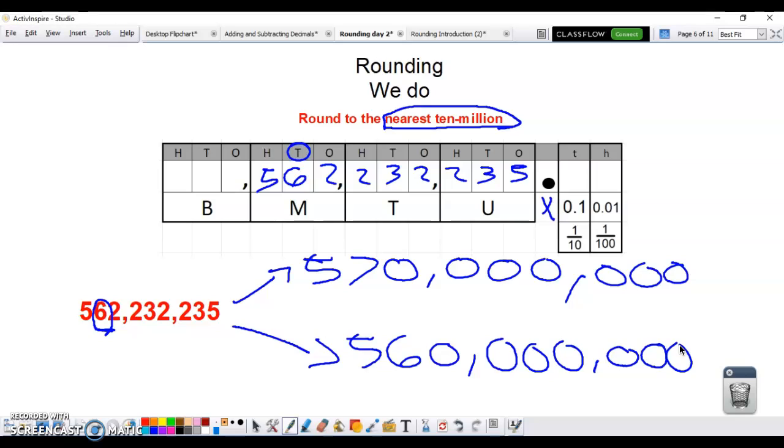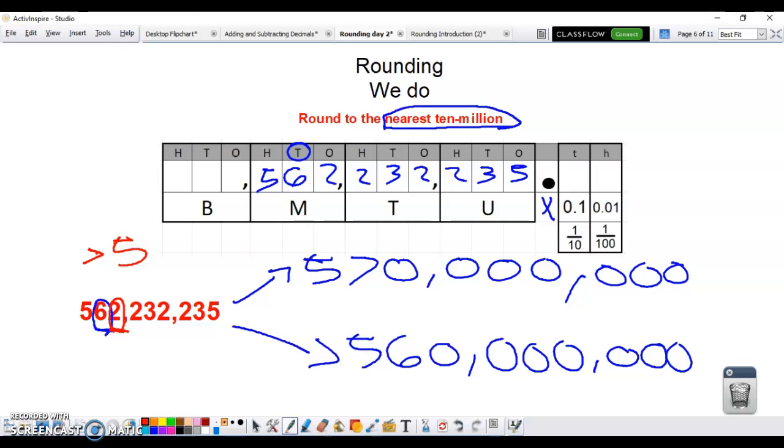So by looking at our neighbor, we have a 2. We know that if our neighbor number is greater than or equal to 5, we would have to round up.